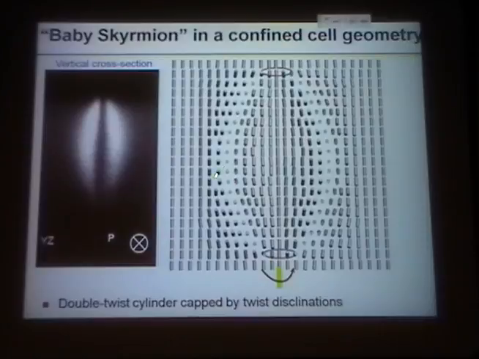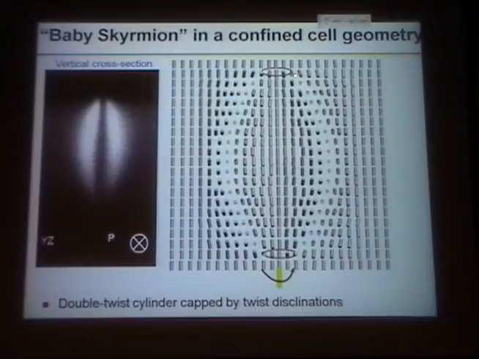And so you see that the basic structure in here is a double twist cylinder perpendicular to the flat substrates of the liquid crystal cell, unlike in the case of Toron, where we had a double twist cylinder looped on itself, right?